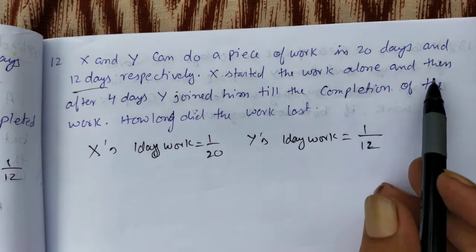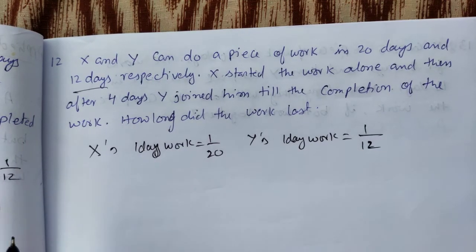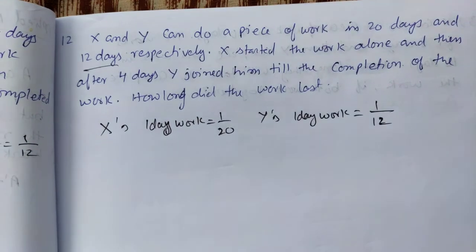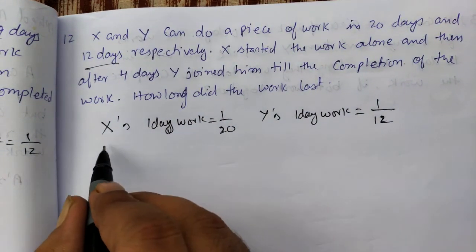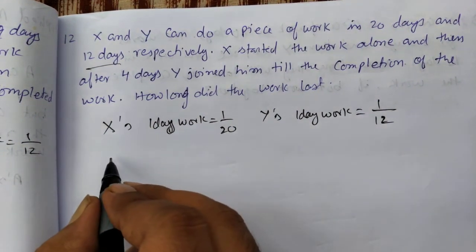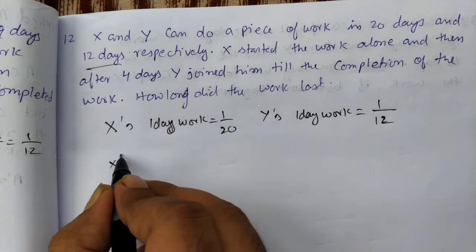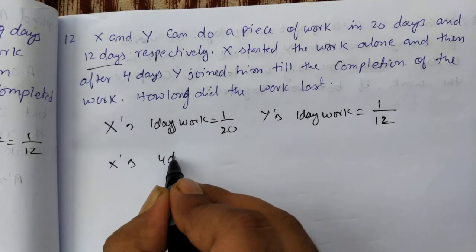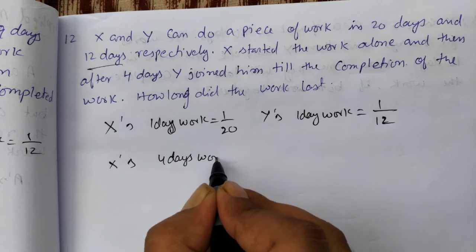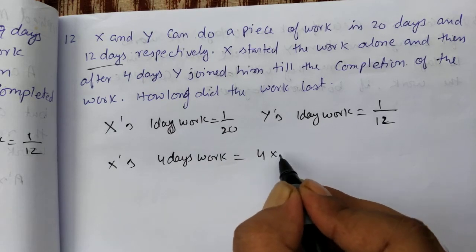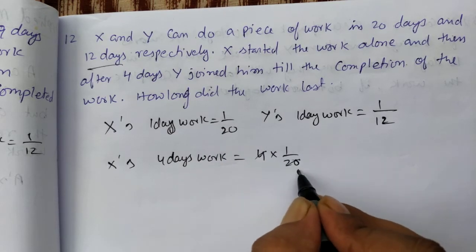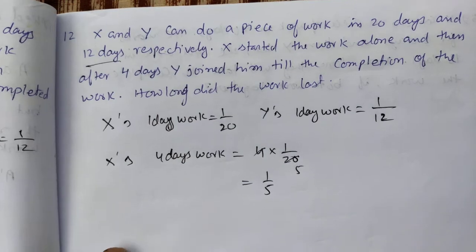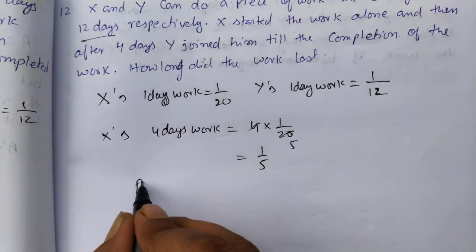X started the work alone, and then after 4 days Y joined. Since X has done the work for 4 days, multiply by 4, we're getting 1/5. So how much work is remaining?